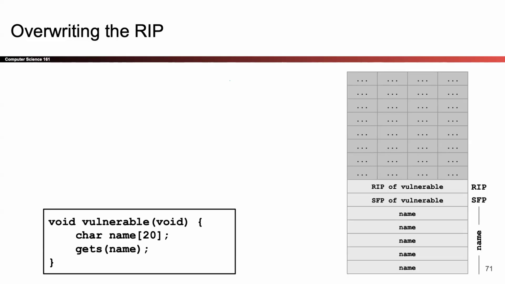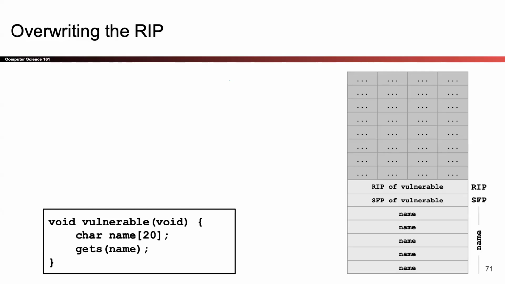So if an attacker supplies a long name and starts writing past the end of the name array, what's the first stuff that gets overwritten? Yeah, SFP. The SFP is the very next thing after the end of name.